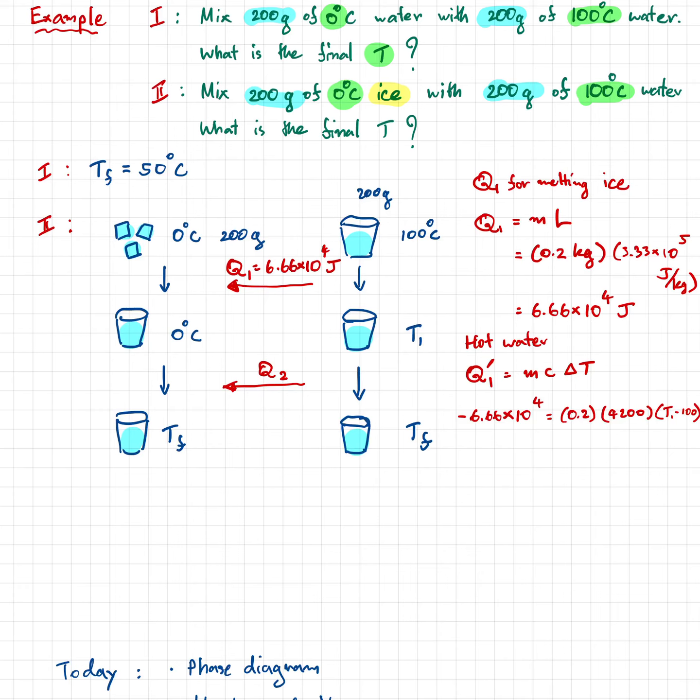All right, so now if I calculate this, 6.66 times 10 to the 4 divided by 0.2 divided by 4200, I get the left-hand side to be minus 79.3 equal to T1 minus 100.